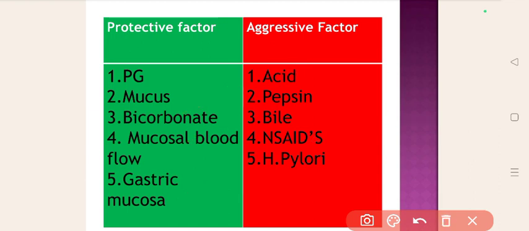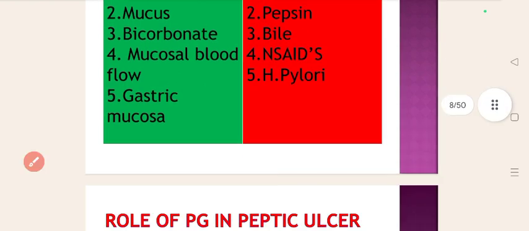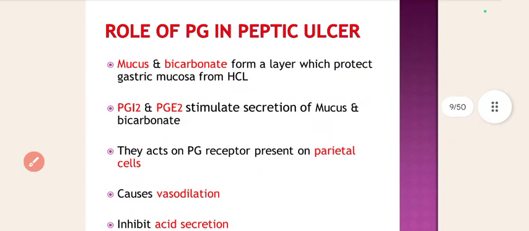So, if there is an imbalance between protective factors and aggressive factors, there is the occurrence of peptic ulcer. If they are in balance, then there will be no formation of ulcers. But if there is an imbalance, either in a protective factor or in an aggressive factor, there is an occurrence of the peptic ulcer.